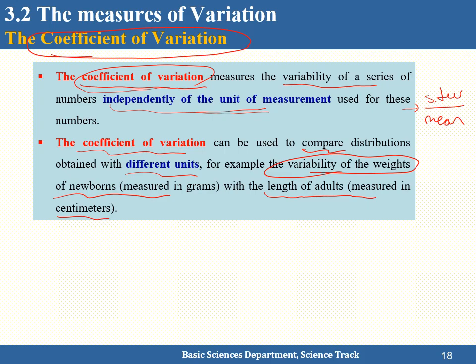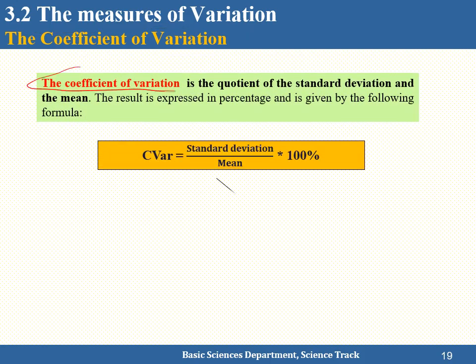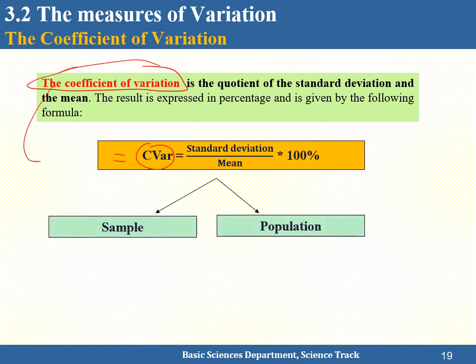Now let's see its formula. Here is the coefficient of variation formula. It basically gives the percentage of the mean that is equal to the standard deviation. So the coefficient of variation is equal to standard deviation over mean times 100%.